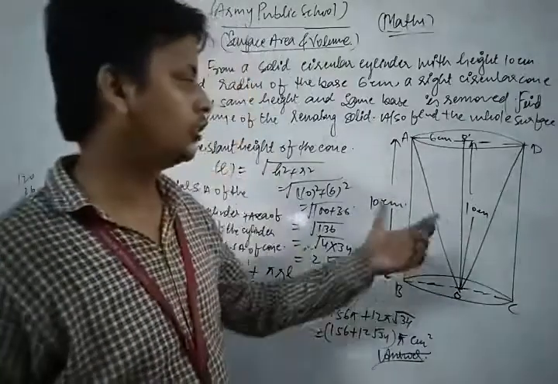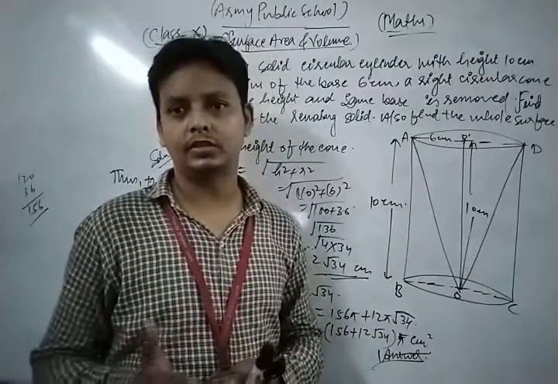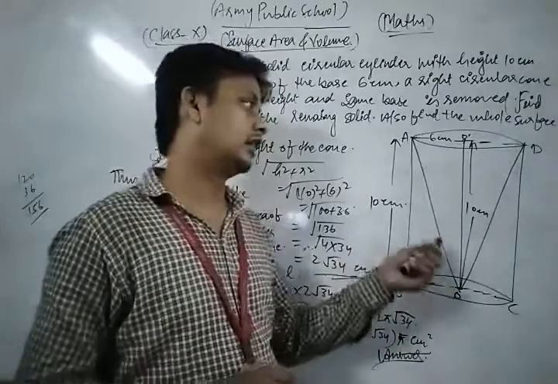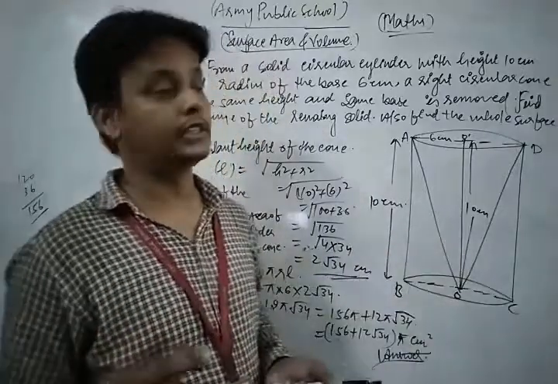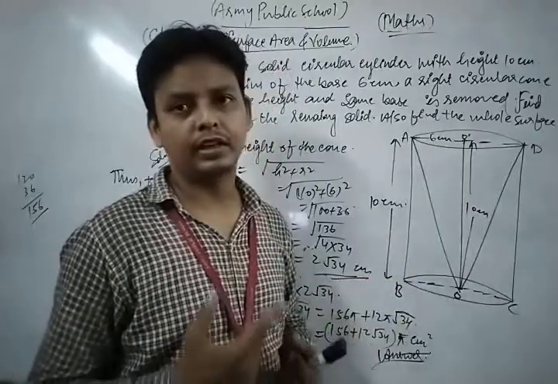After that we find the volume of the cone using 1 by 3 pi r square h. After that we subtract, so the volume of the remaining solid is equal to volume of cylinder minus volume of cone. In this way we find the real volume.